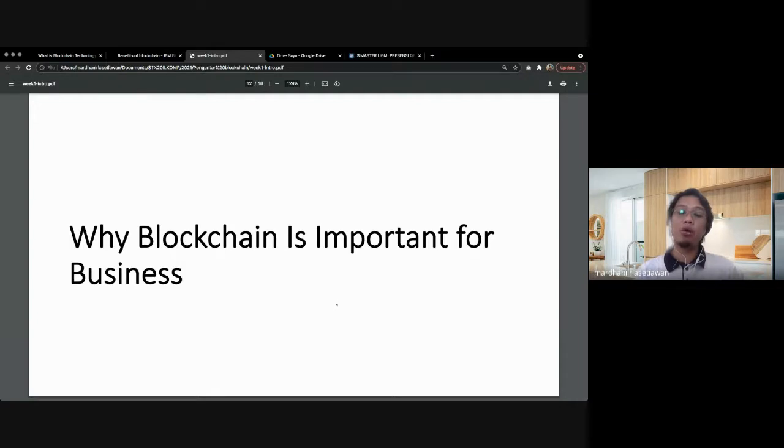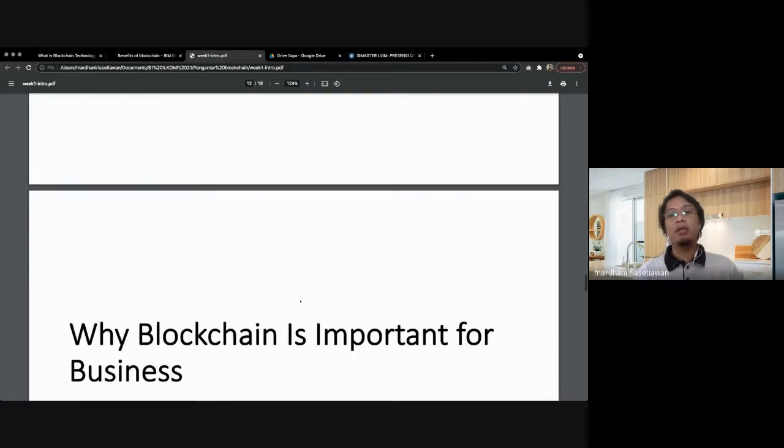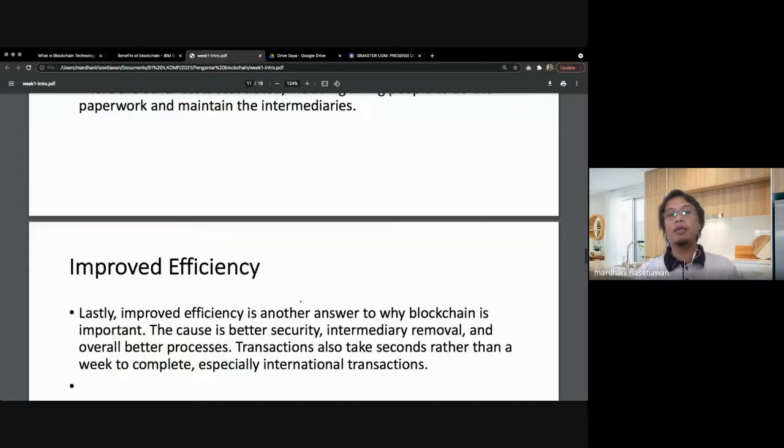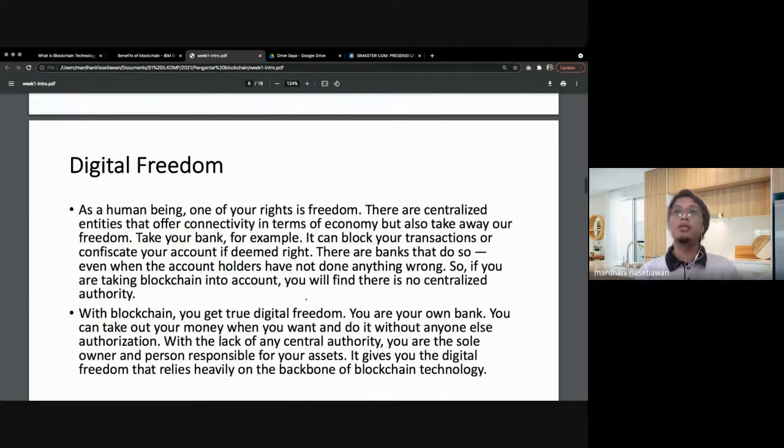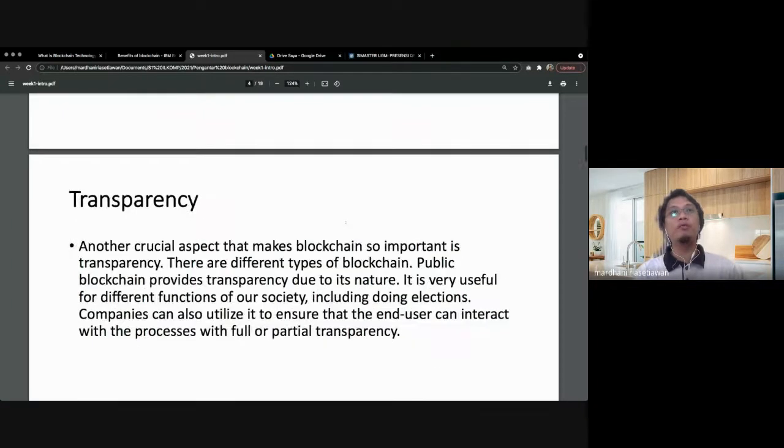Blockchain is not only about cryptocurrency, but there is also science and technology behind blockchain, and that is our focus for this course. So that is the summary of this explanation, my material for the first week.